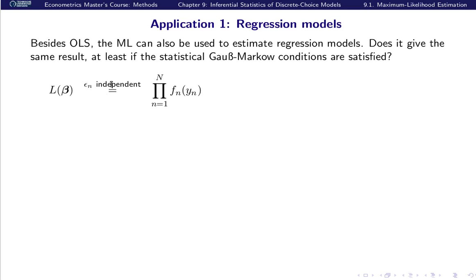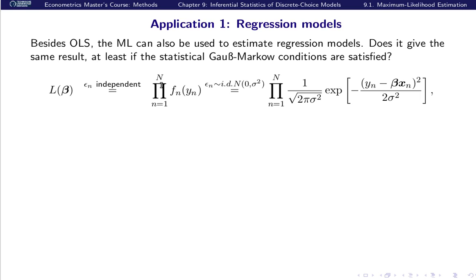Particularly, they are independent, and if they are independent, the multi-dimensional probability density is the product of the single probability densities. That's why we can write the likelihood function first in this form. Now we assume that this epsilon is not only independent but also identically normal distributed, and then just insert the famous bell curve for the Gaussian density.